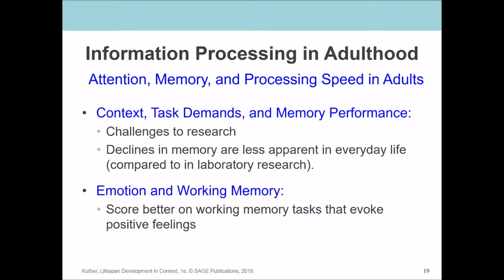So the more realistic the task is, we see lesser declines in memory for middle and older adults. Older adults do tend to score better on working memory tasks if it evokes positive feelings as compared to neutral or negative feelings. So positive mood enhances working memory. And why is this?